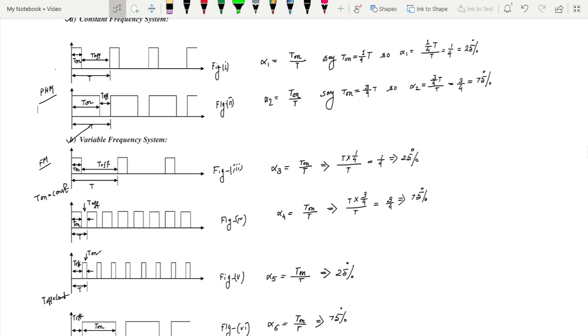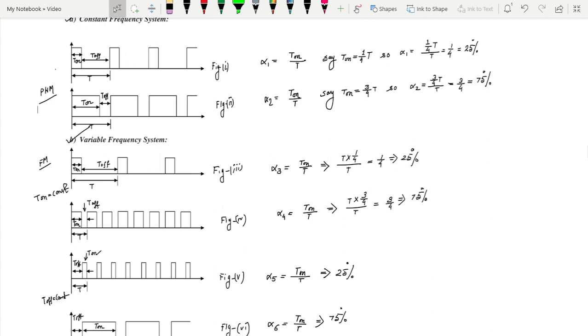So we have to design a proper filter for getting proper output. This is one of the disadvantages because it is quite difficult to design a filter. So this is the first disadvantage of variable frequency.